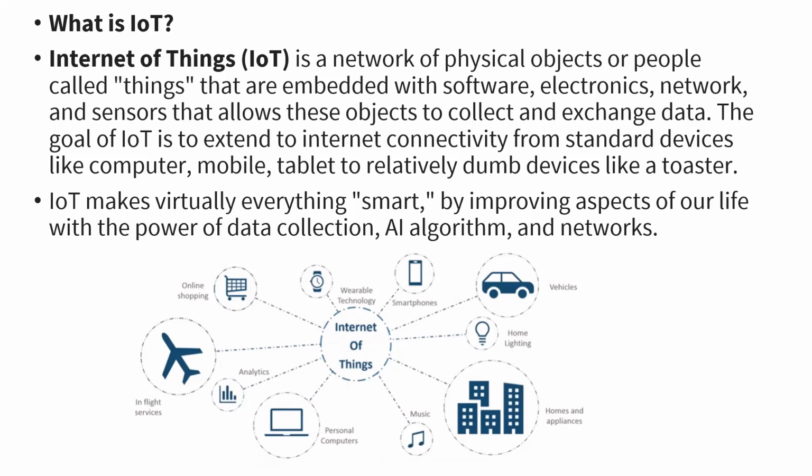And why they are connected together? They are connected together to generate some meaningful information. Each of these things in Internet of Things has independent identity, but they can be connected over a network for data sharing or data processing. So this type of application is called as Internet of Things.